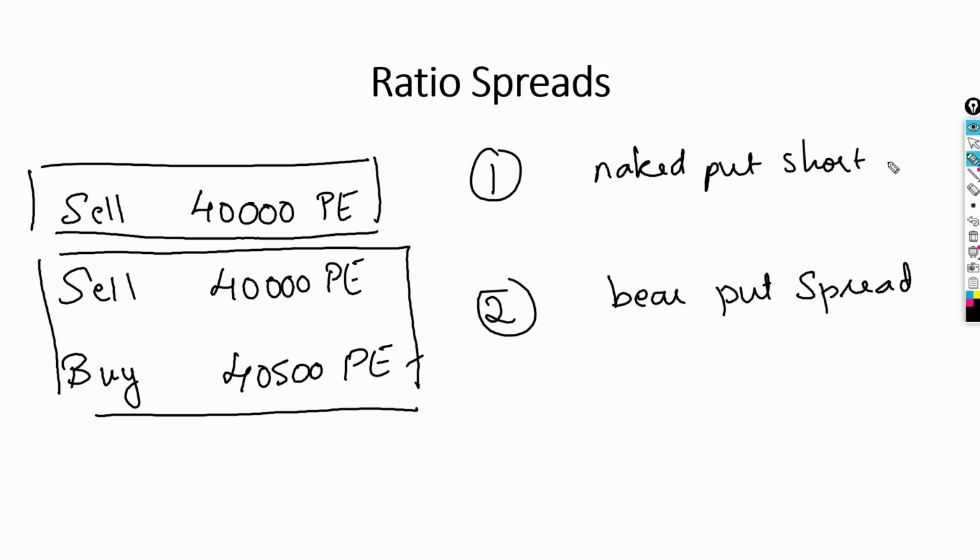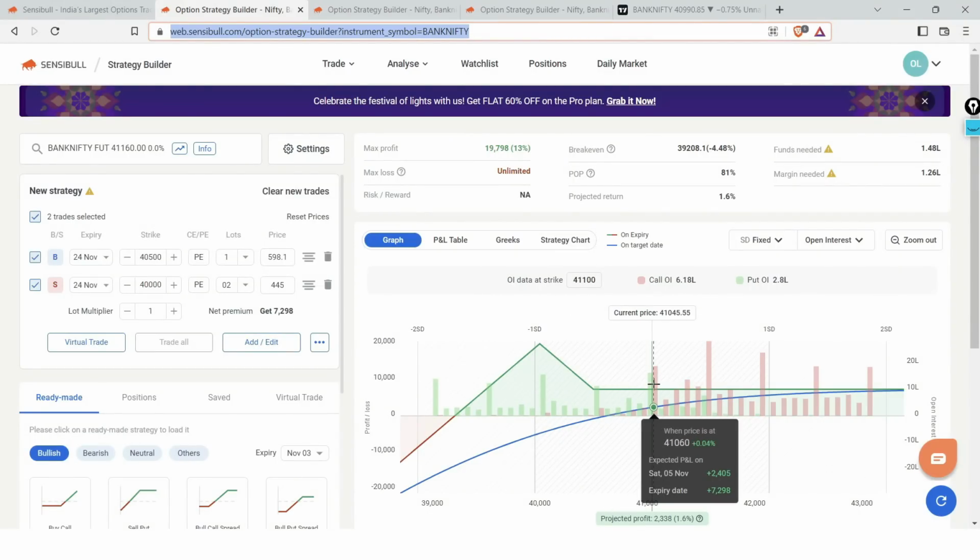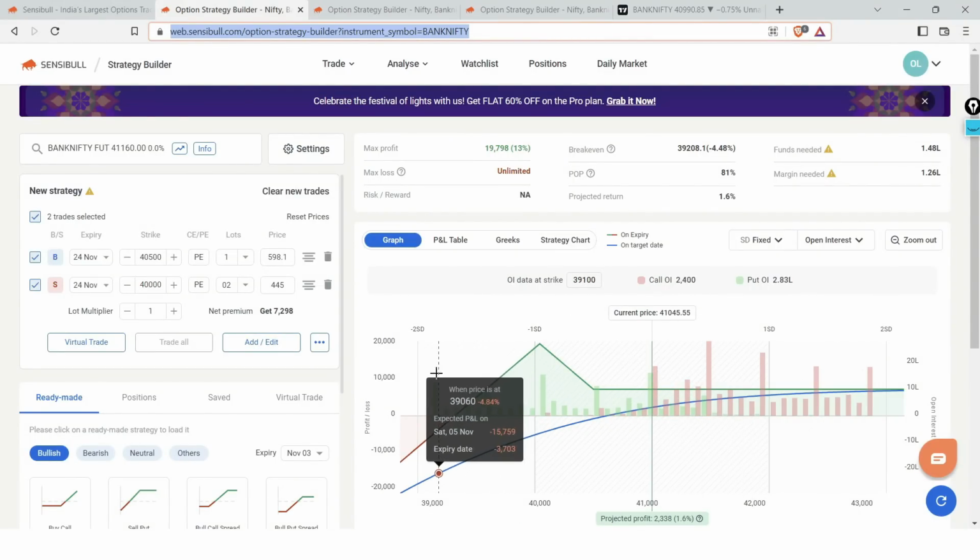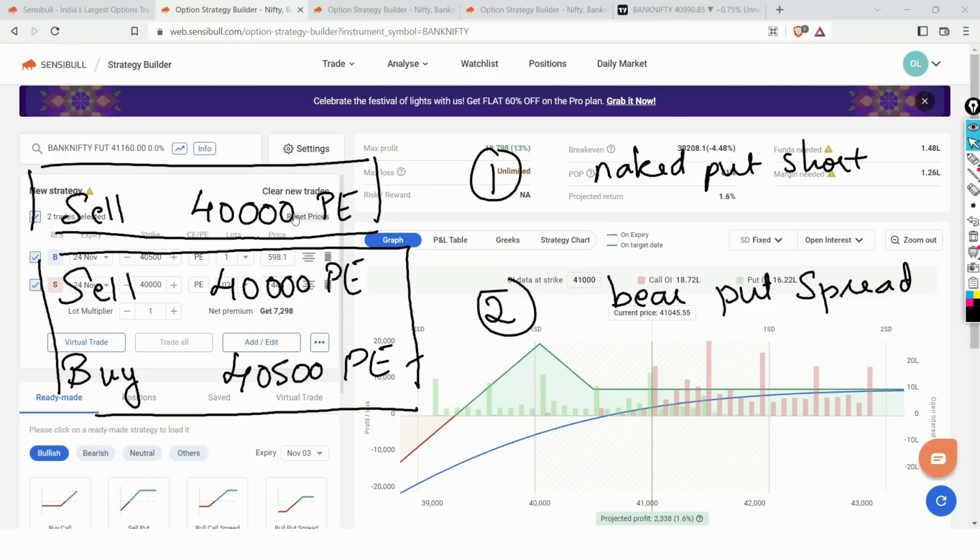So all we have done is we have noted down the position, tried to make this into groups to simplify the position. So in this ratio spread, we can see that we are going to lose money only if we end up coming down.